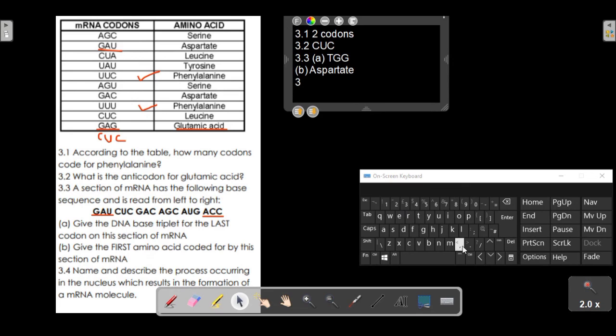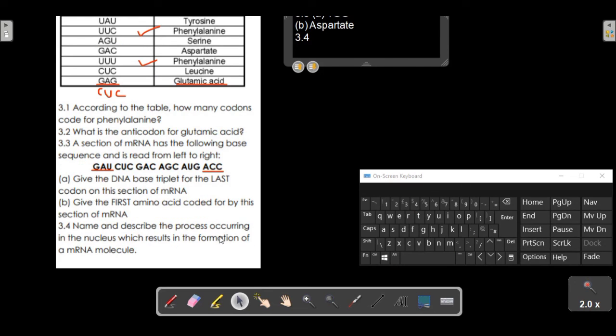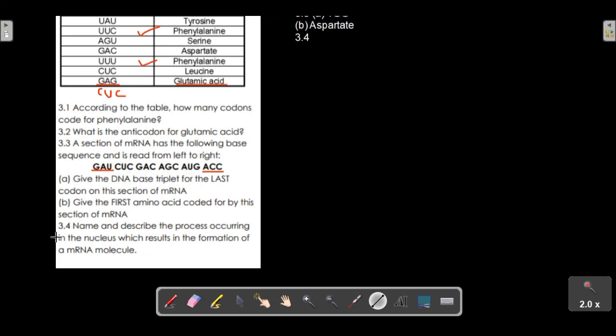And then 3.4 says, name and describe the process occurring in the nucleus which results in the formation of a mRNA molecule. First of all, the first thing that you should do is to name it. So what is that stage? It's transcription, right?